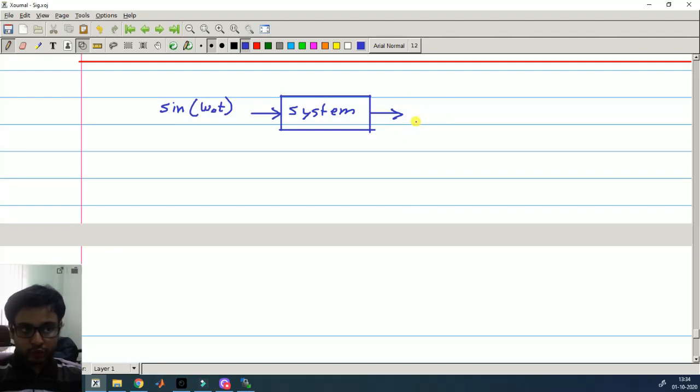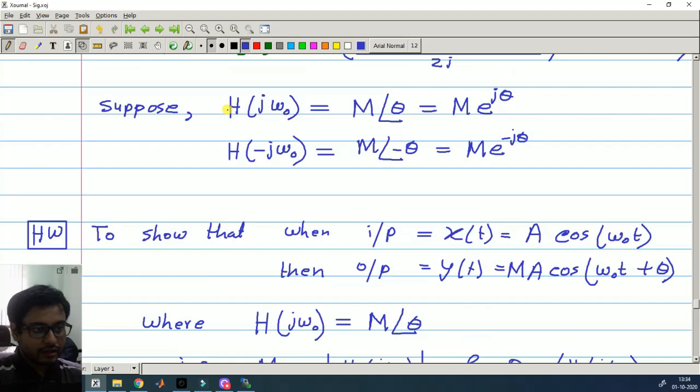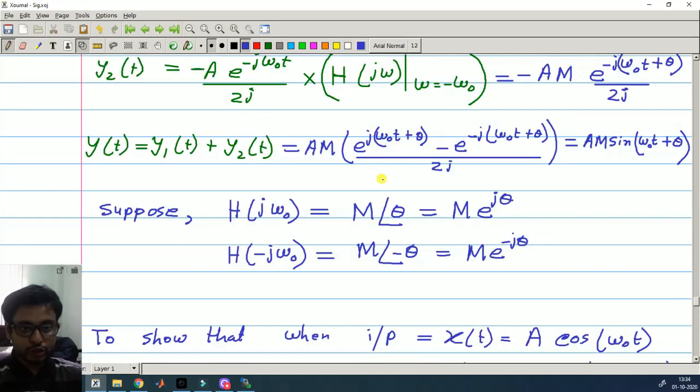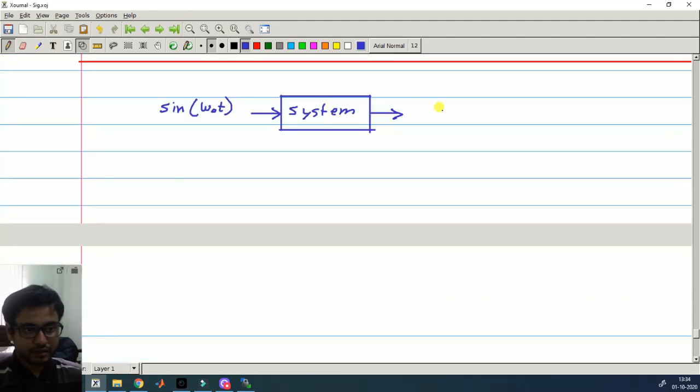But we know for an LTI system, if you give sine omega naught t as the input, then the output will be of this form: m sine of omega naught t plus theta.